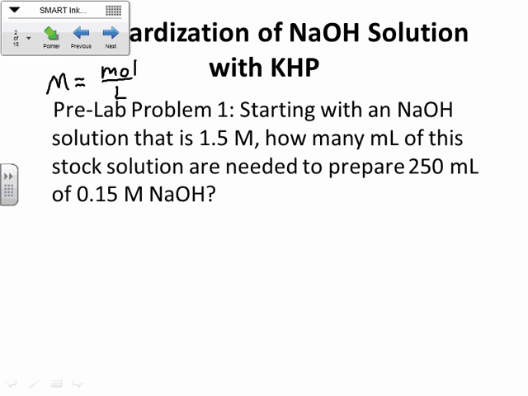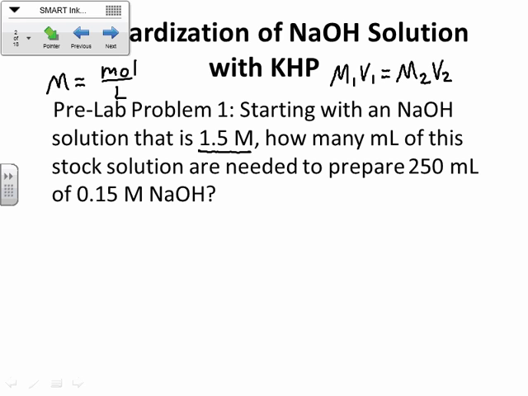Another equation that is useful here, if you're diluting a solution, is M1V1 equals M2V2. We talked about that last year, didn't we? So for this problem, you're given an initial concentration.